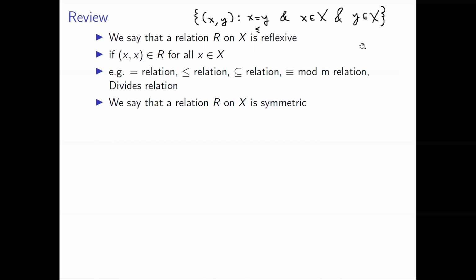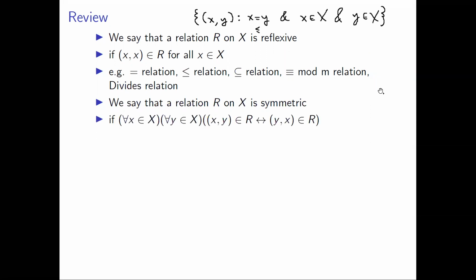Another property of relations that we discussed in the last video is symmetry. We say that a relation R on the set big X is symmetric if and only if for all little x in big X and for all little y in big X, we have the ordered pair (x, y) in our relation if and only if the ordered pair (y, x) is in our relation.